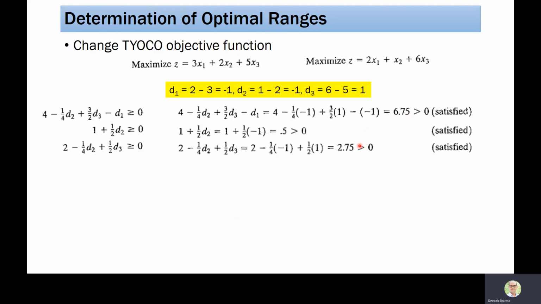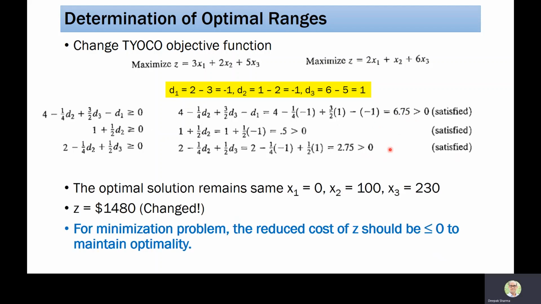Second, 0.5 greater than 0, yes. 2.75 greater than 0, yes. So all three conditions are satisfied, meaning that if we change the coefficients of the objective function, the optimal solution will remain the same as per these conditions.